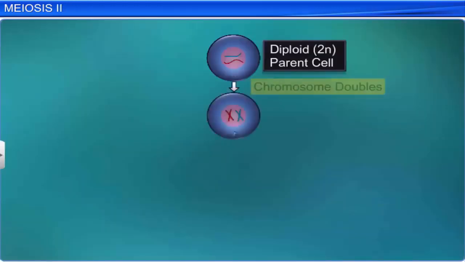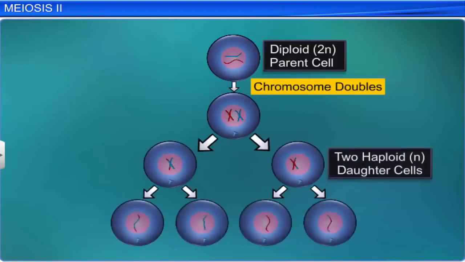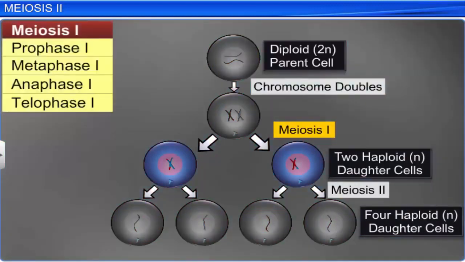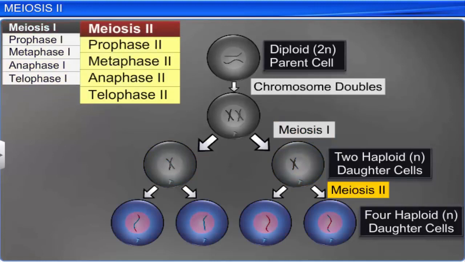Meiosis consists of two cell divisions, namely meiosis I and II. Meiosis I is divided into four stages: prophase I, metaphase I, anaphase I, and telophase I. Similarly, meiosis II is divided into four phases: prophase II, metaphase II, anaphase II, and telophase II.